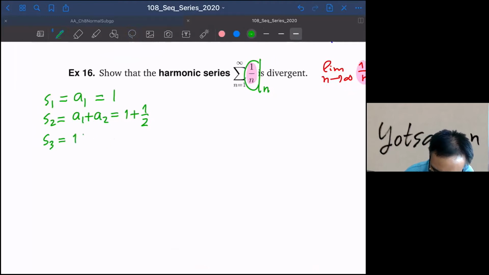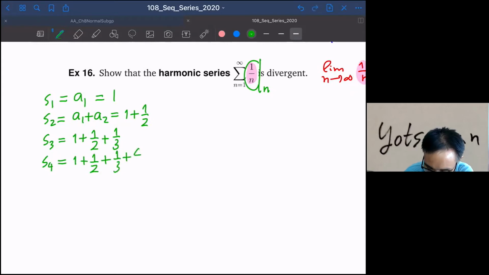It's going to be 1 plus 1 half plus 1 third. And S4 is 1 plus 1 half plus 1 third plus 1 quarter. Okay, so that's my S4.